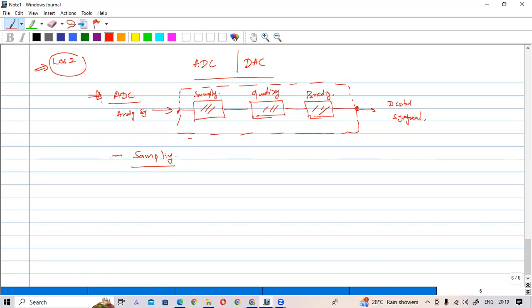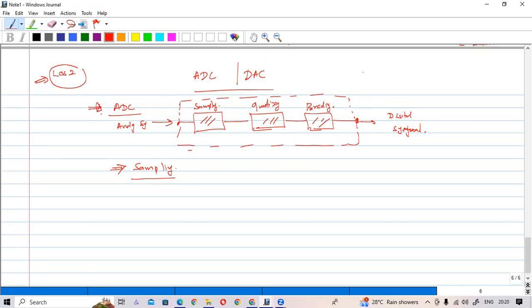We are going to focus on this sampling very much, so you should be thorough with it. You will maybe have 1 full question for your end semester exam from this sampling section. So sampling is very important, and you should understand this thoroughly.